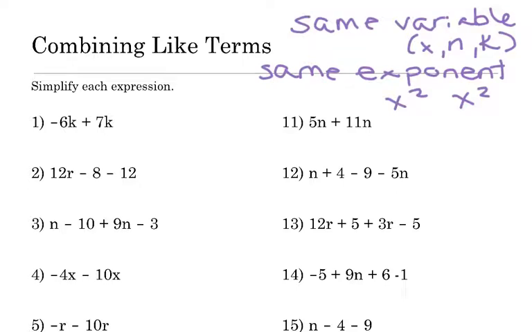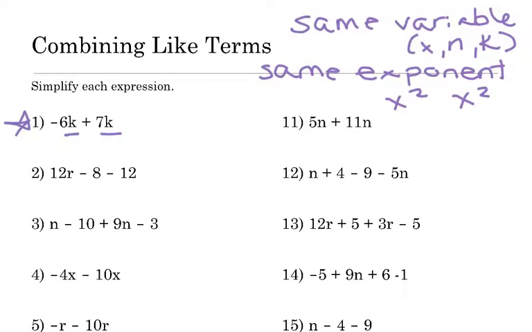So for the first one here, you've got negative 6k plus 7k. We know they're like terms because they both have the same variable k, and they have the same exponent on that variable. Technically, it's one that you can't see, but they're both k to the first power.